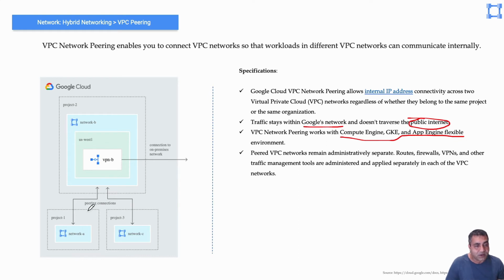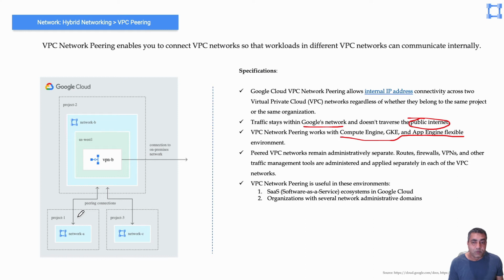So even if you are peering them, that doesn't overshadow the routes and firewalls and the VPN settings done for that project. So it's still maintained. The only thing it allows is communication between machines internally. That also will depend upon whether one particular machine has its firewall open for ingress.